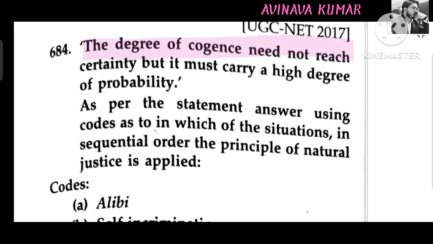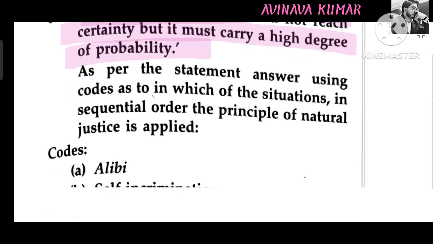The degree of certainty needed need not reach certainty but must carry a high degree of probability.